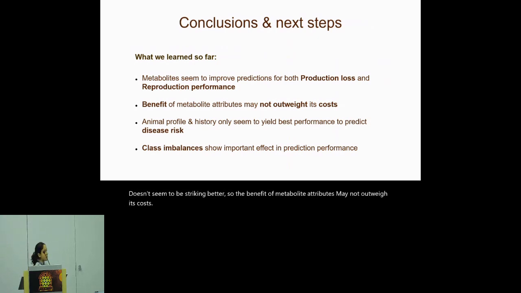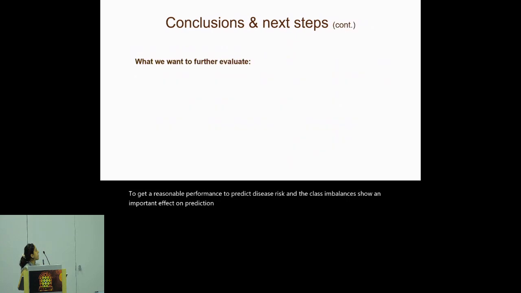It is to still be studied. The animal profile and history seem to be enough to get a reasonable performance to predict disease risk. And the class imbalances show an important effect on prediction performance.